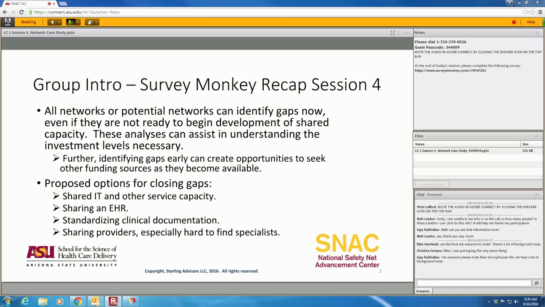A third example was standardizing clinical documentation so that even if you never intend to move towards more consolidated electronic health record systems, at least you can create some of your own standards for how electronic health record systems are used to capture certain information.